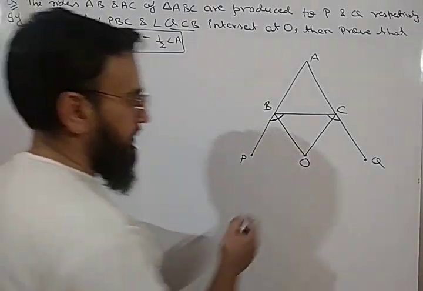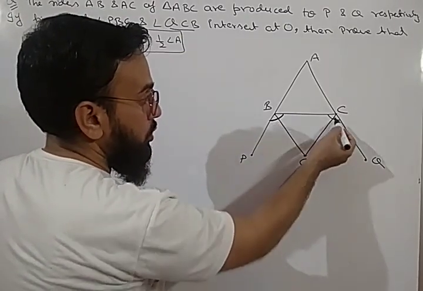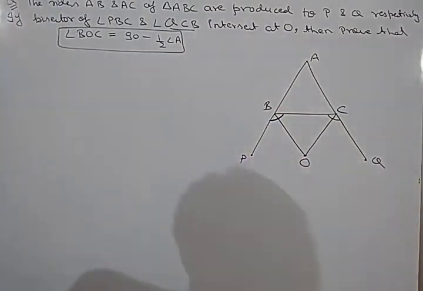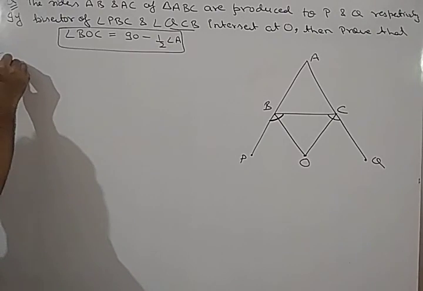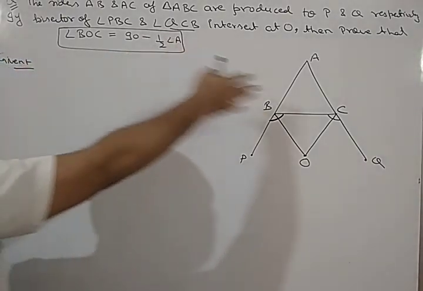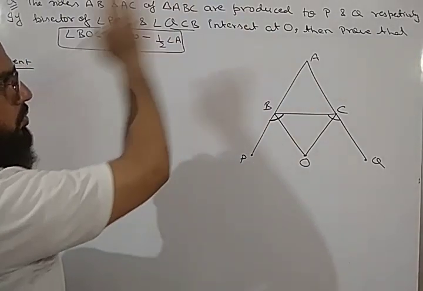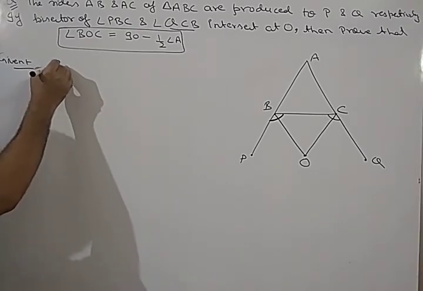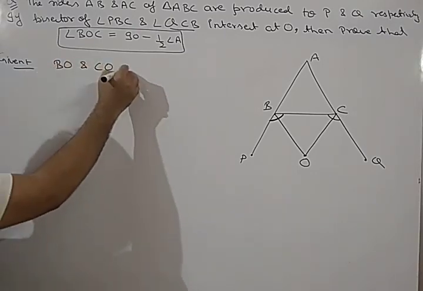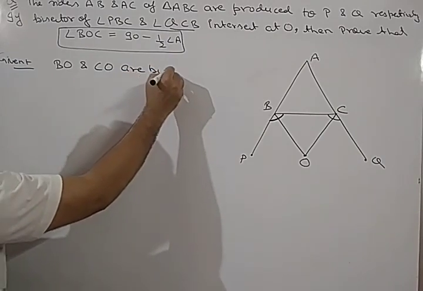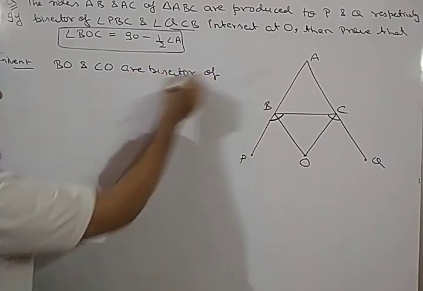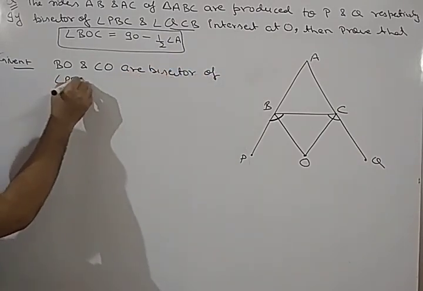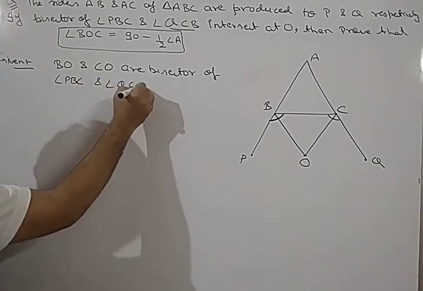So first, what is given to us? BO and CO are the bisectors. First we will write the given. ABC is a triangle and so on, you will write that yourself. The most important point is BO and CO are the bisectors of angle PBC and angle QCB.